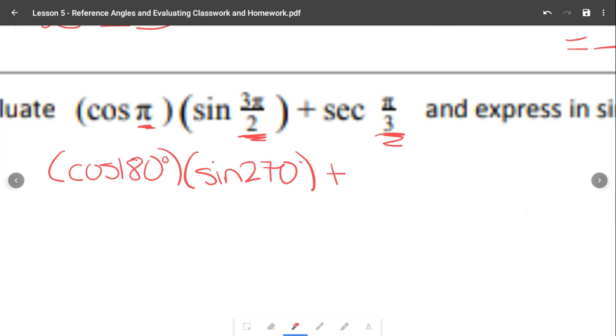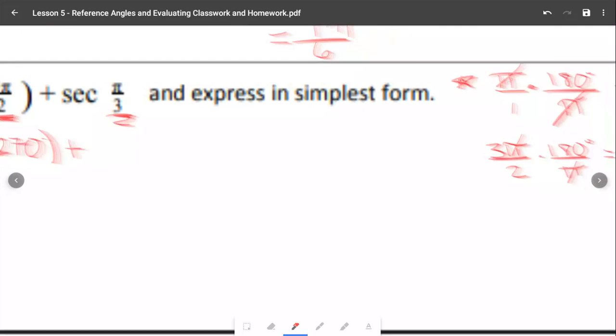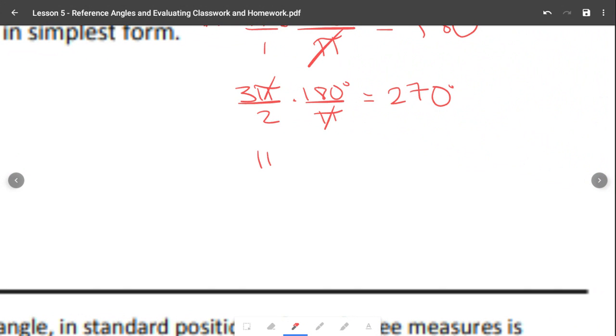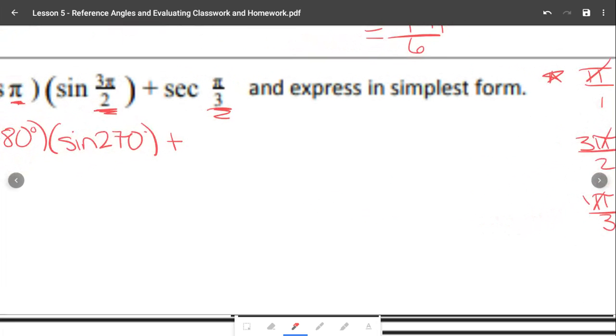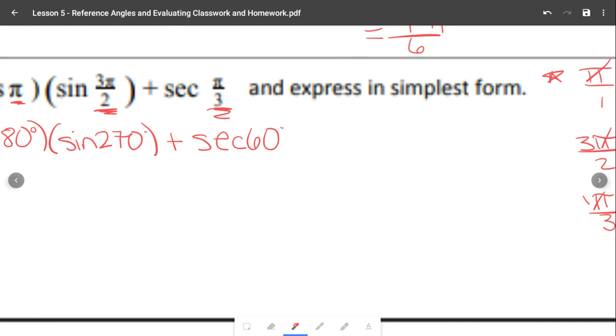Next angle we have pi over 3. So same thing, multiply by 180 over pi. These pi's cancel. This is technically 1/3 times 180. So you should get 60. So we're finding secant of 60.